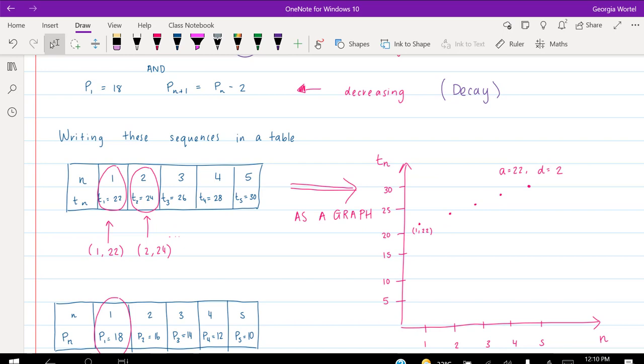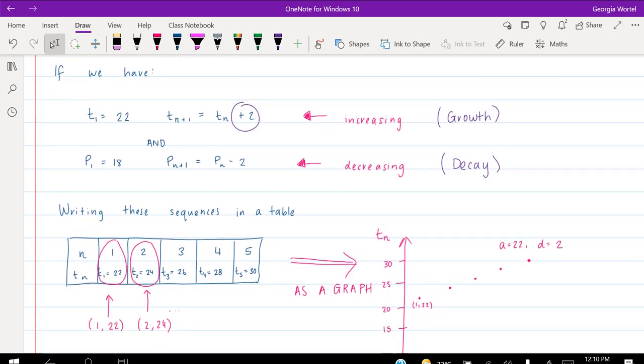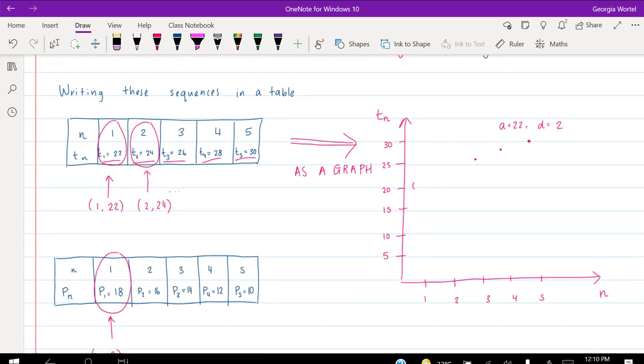All right, so let's have a look. So writing these sequences in a table. So the ones up above, if T1 is 22 and the recurrence relation is Tn plus 1 is equal to Tn plus 2, the answers are already in there. So we've got T1 was 22, T2 is 24, and we add 2 each time. T3 is 26, T4 is 28, and T5 is 30. I should have rubbed these out before we started. So graphing that, let's have a look.